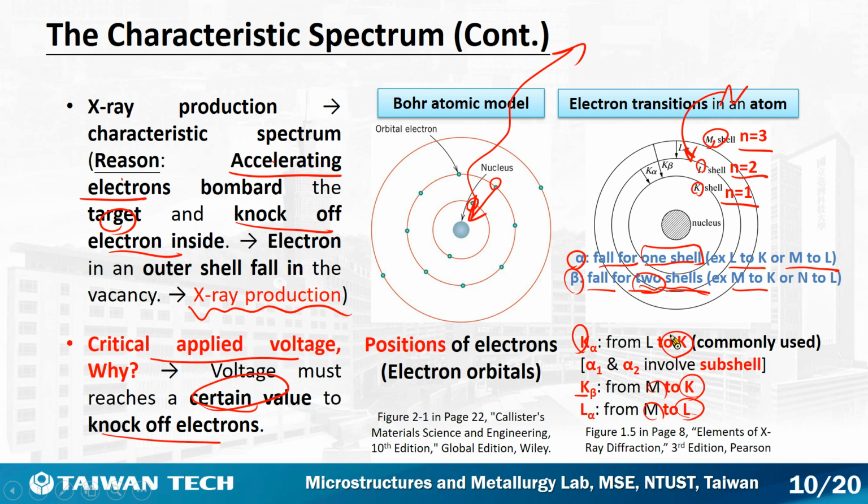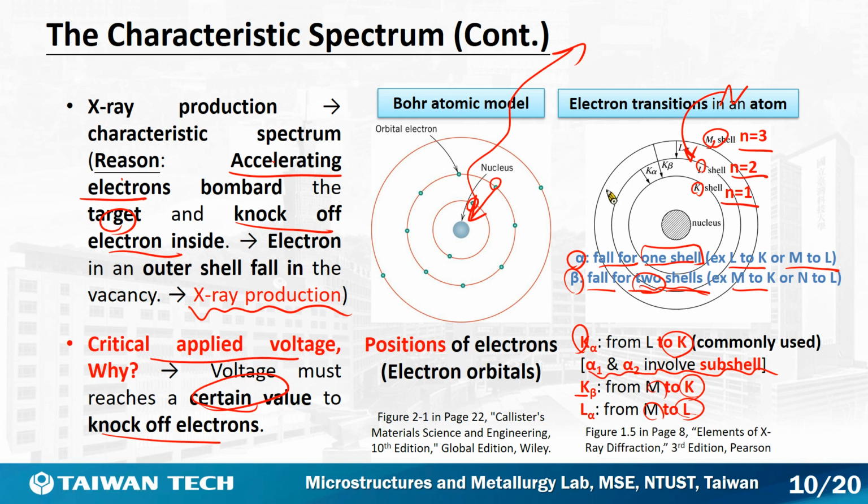And how about alpha 1 and alpha 2? We know about K and alpha, right? What about alpha 1 and alpha 2? So actually it involves subshells. For Bohr models, we did not see the subshells. We must see the wave mechanical model.